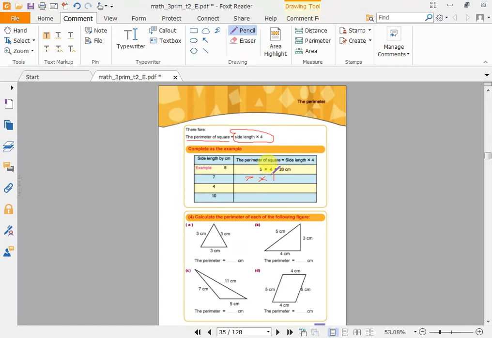Times 4, because the square has 4 side lengths. 7 times 4 equals what? 28. Well done. Centimeters. Try the two other ones by yourself.